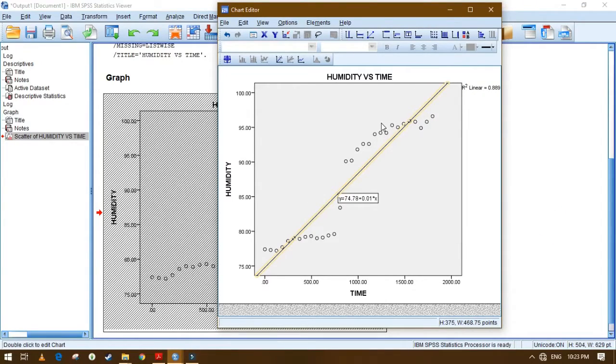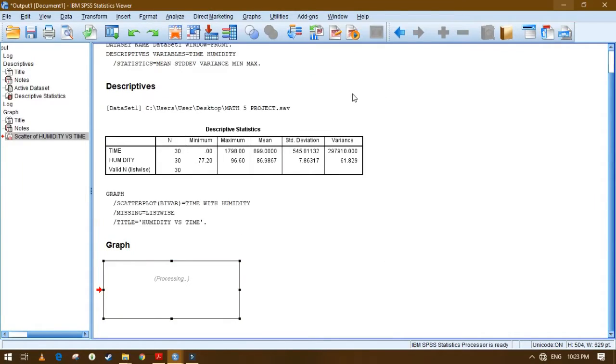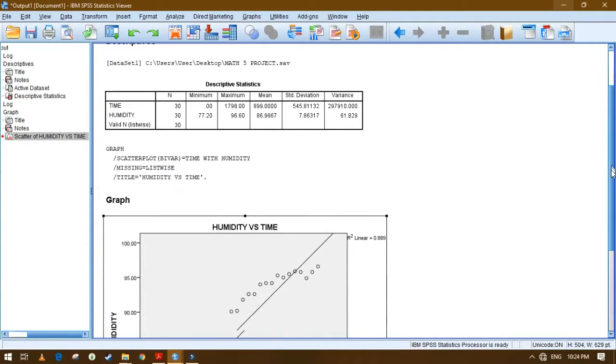So this is our regression line, and this is their equation for B0 and B1. So the data will show for the regression line and the scatter diagram.